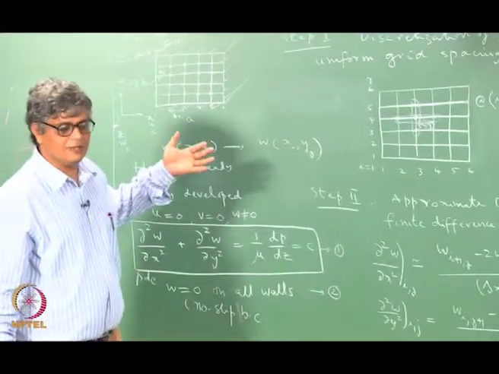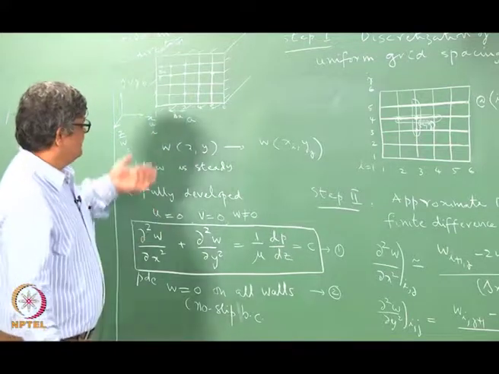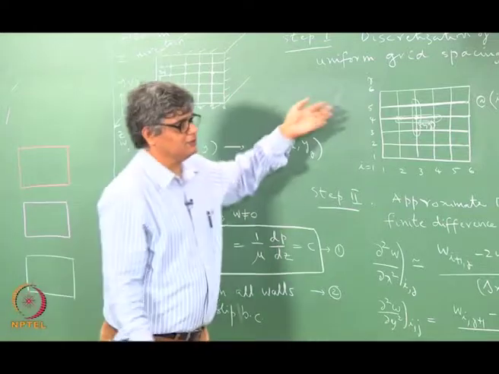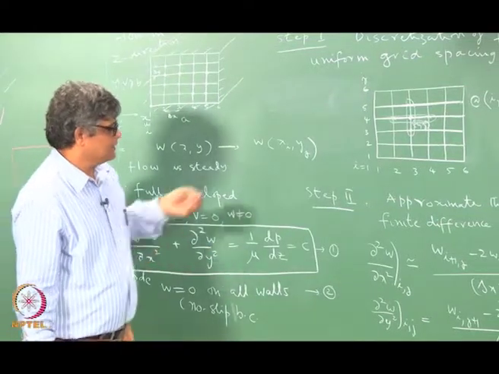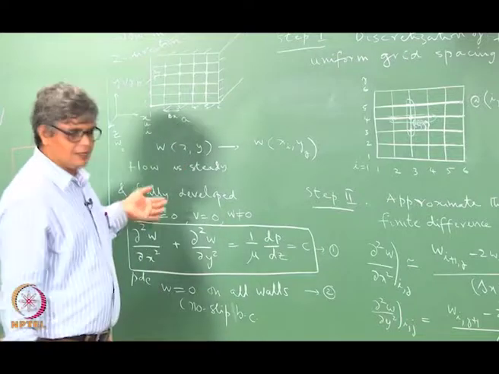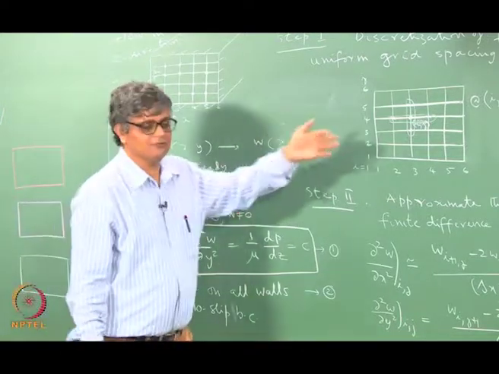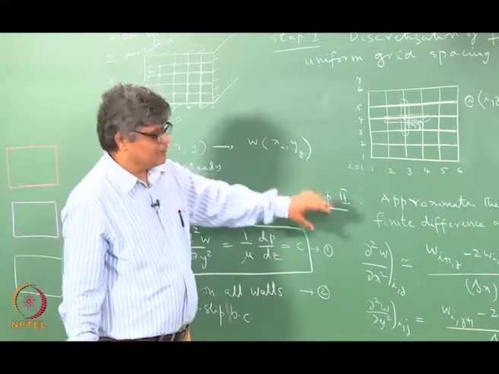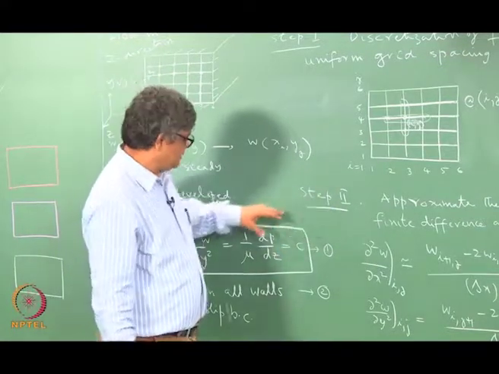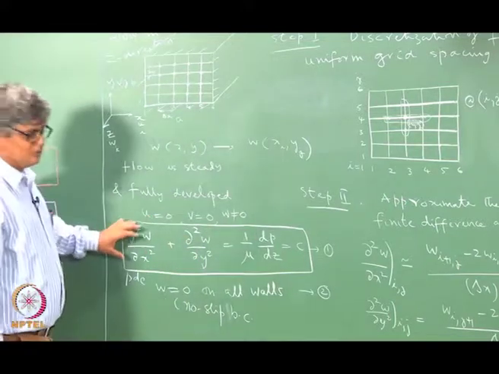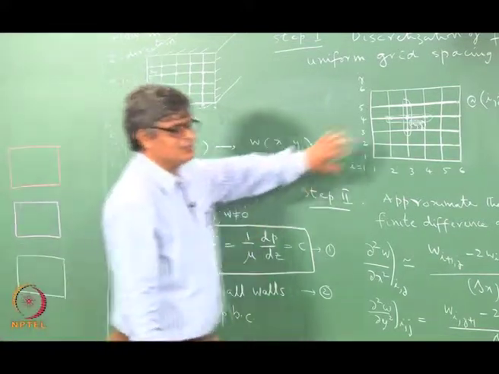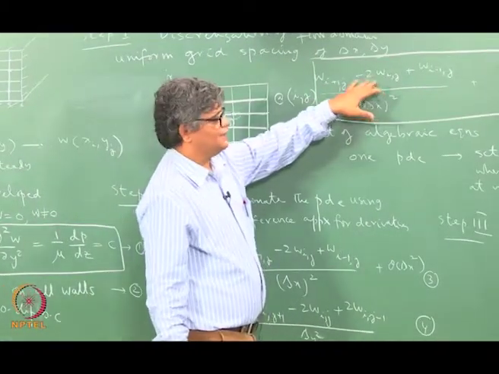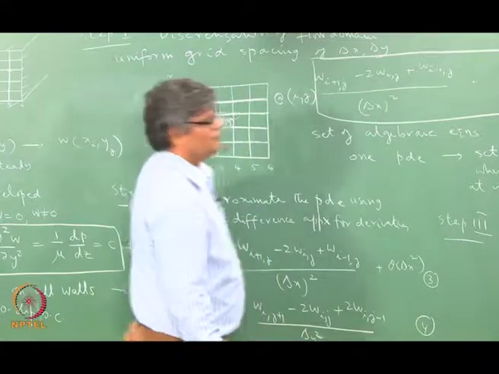So, the CFD approach, to summarize, is that we have a step 1 where we identify the grid points at which we want to have the velocity, and in step 2 we convert a partial differential equation into a set of algebraic equations using finite difference approximations. These approximations enable us to substitute the derivatives with difference approximations which involve the velocities at the grid points as the variable values.